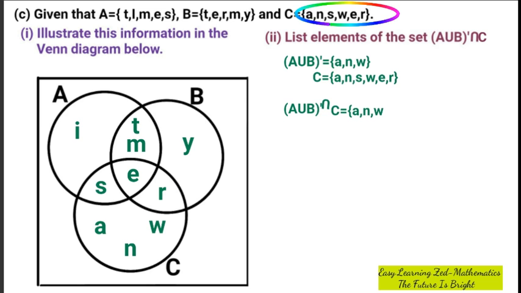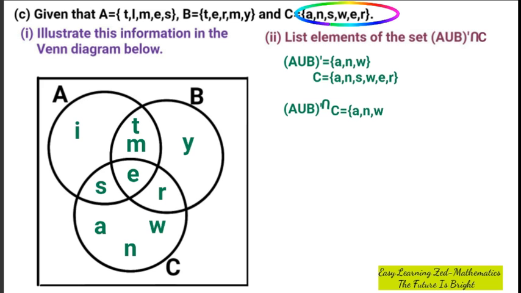As you can see, A union B complement has just three elements, so we cannot go any further, because we are looking for elements that are common in A union B complement and C. C has six elements, but since A union B complement has three elements, once we are done with it we cannot go any further.